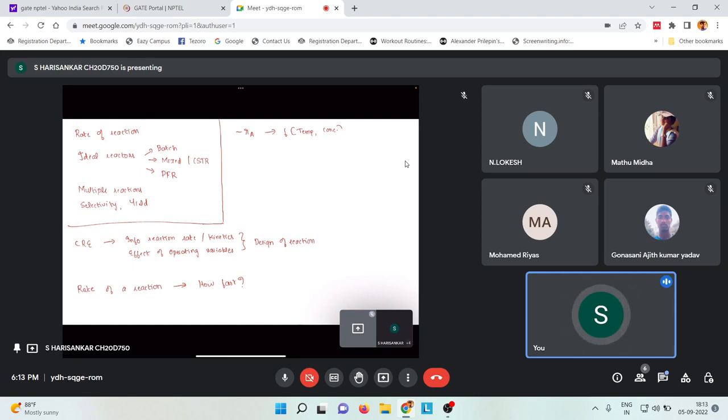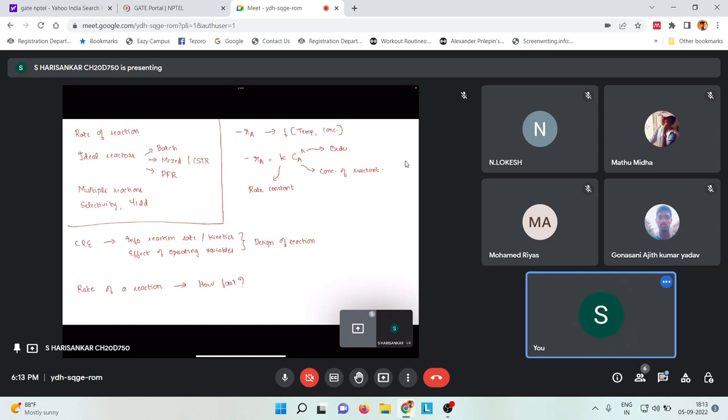The most basic representation of reaction rate is -r_A = k C_A^n, where k is the reaction rate constant, n is the order of reaction, and C_A is the concentration of reactant. So these three terms constitute a basic rate equation.